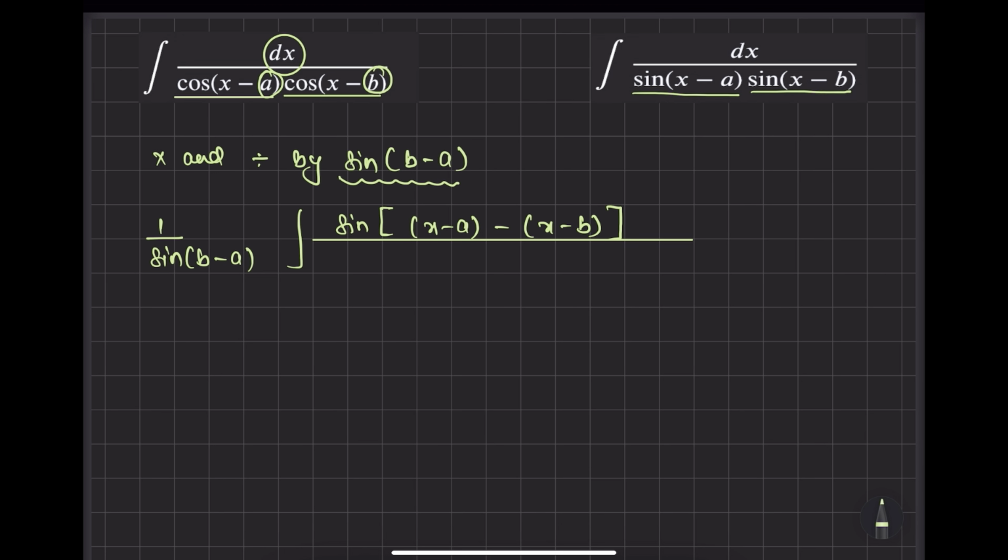Okay, so look at this. So cos x minus a, cos x minus b, and then we have dx. Now you have sine of a minus b, so you can apply that formula, sine a minus b.